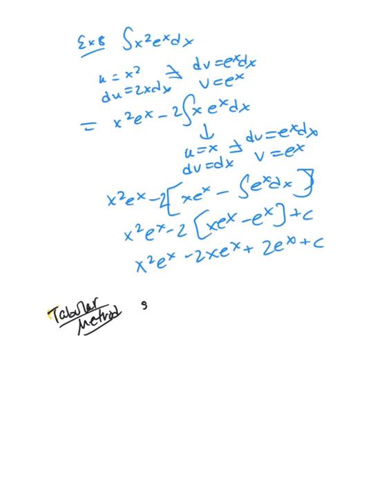I'm going to say, okay, I have the sign, I have my u, I have my dv. So my sign is just going to alternate. But my u starts off as x squared, my dv is e to the x.